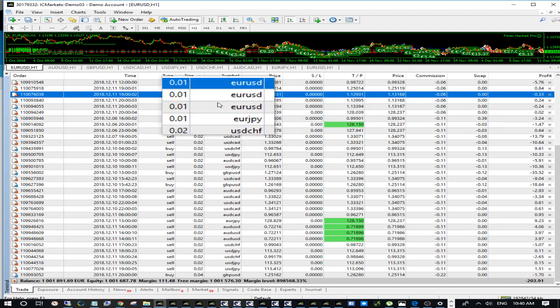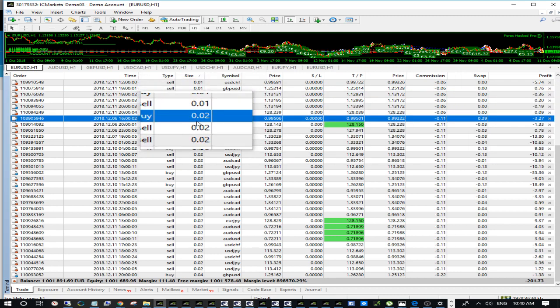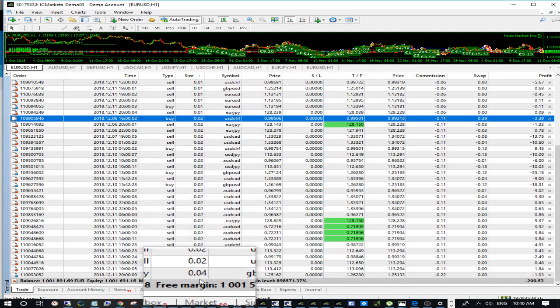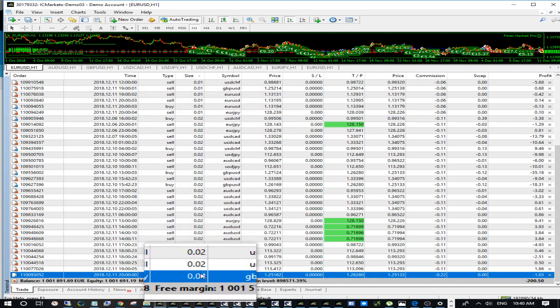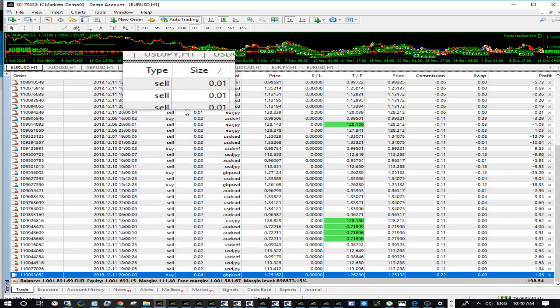As we double up our lot size, we basically double up our investment, our risk. So whenever we see a 0.04, it means that the market has already been going up or down quite significantly. Let me show you that.